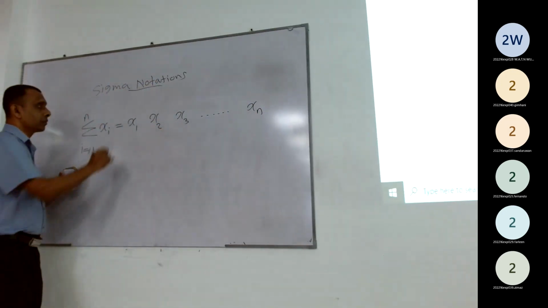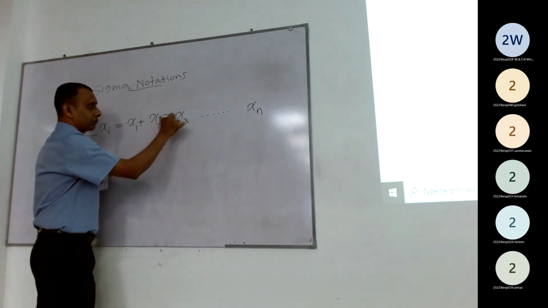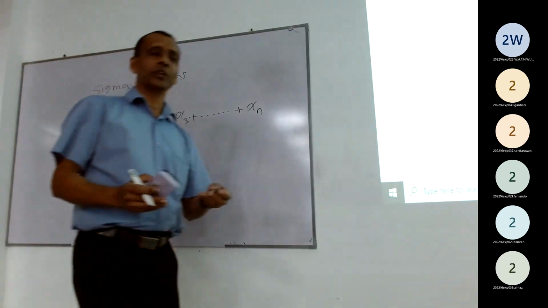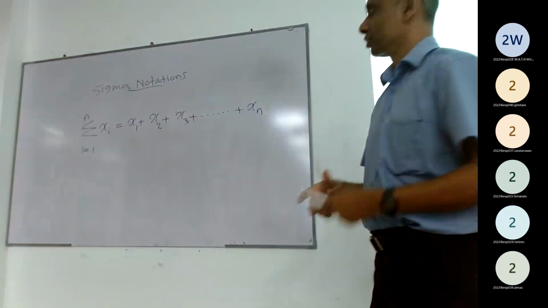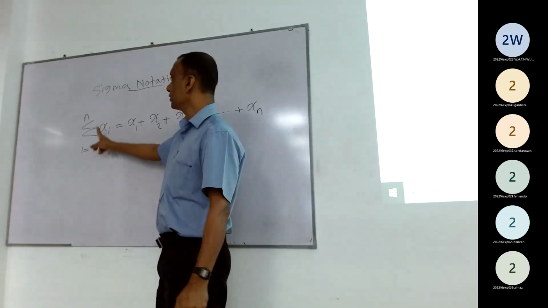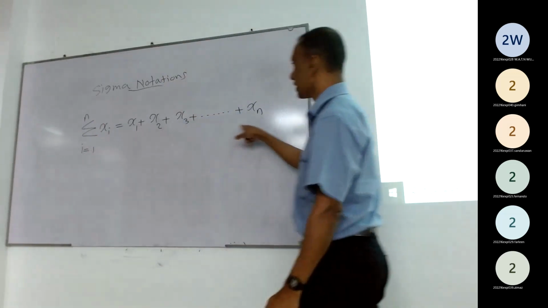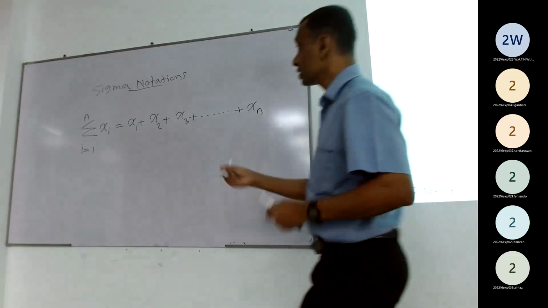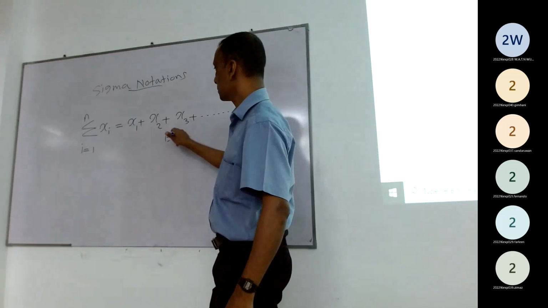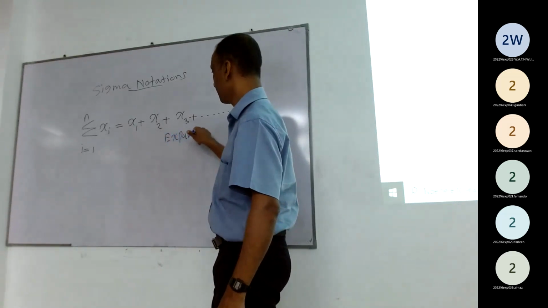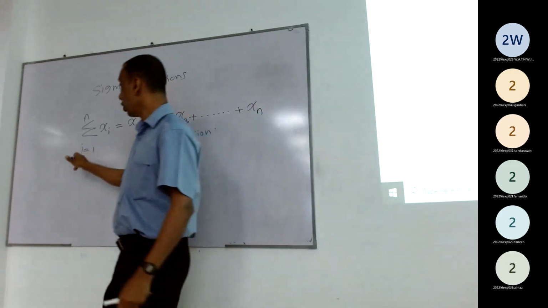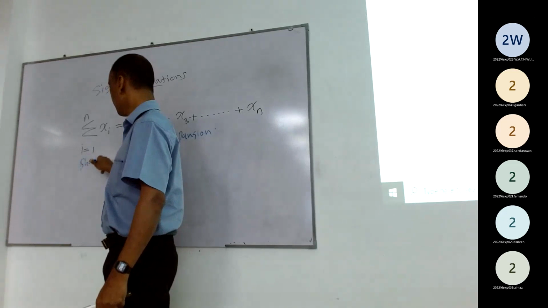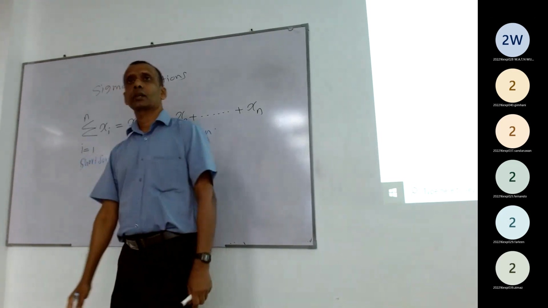What is this capital sigma, the summation? This expansion can be written briefly by using sigma notation. Sigma i equals 1 to n x i indicates this expansion. This is the short form.